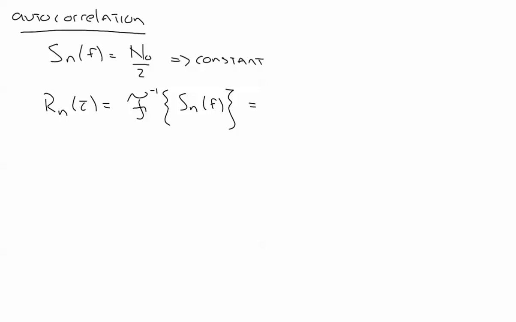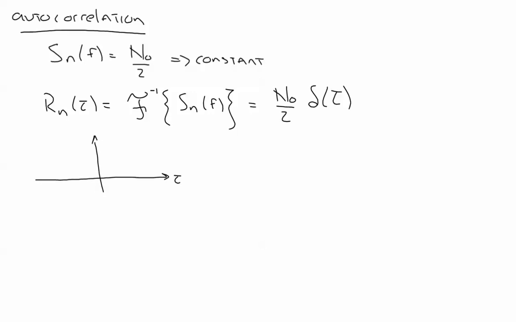And the inverse Fourier transform of a constant is just that constant times the delta function. My autocorrelation, therefore, looks something like this.